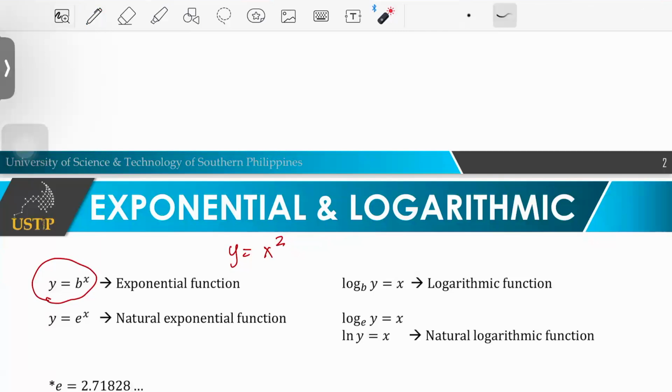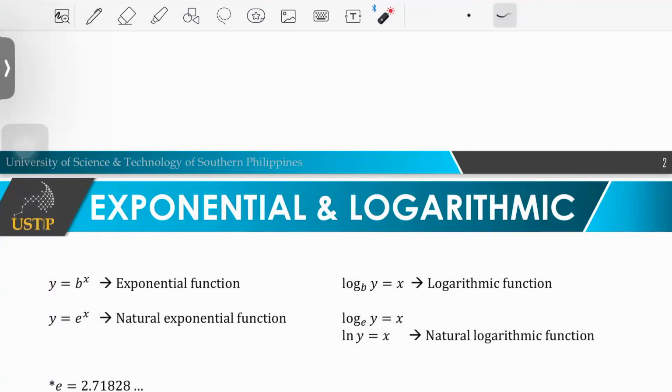Generally, you will have y is equal to b to the x. This is your exponential function. The x is the variable and it is the exponent, and b is a constant number.